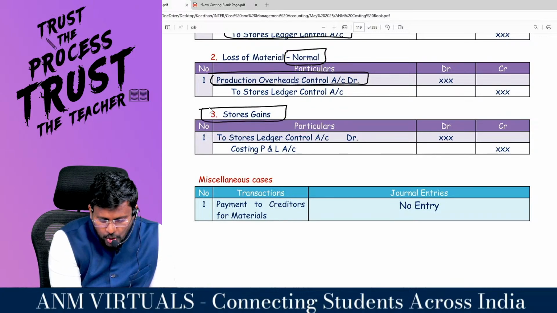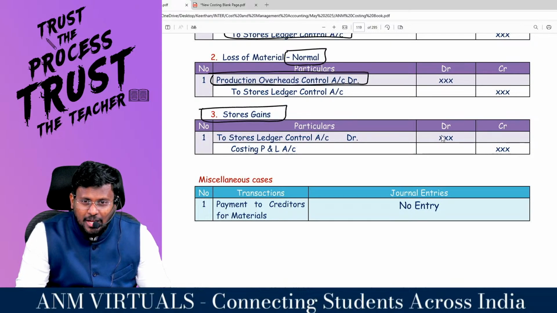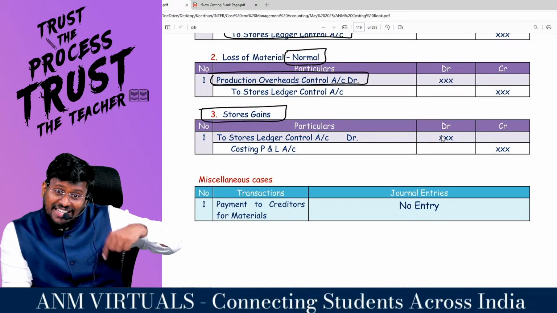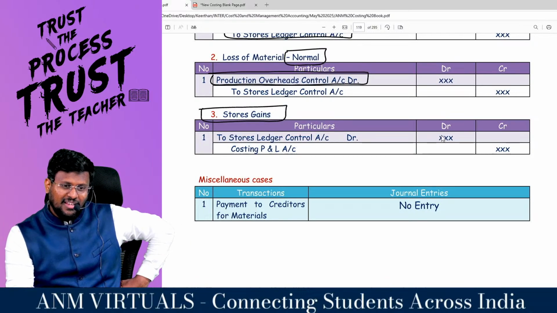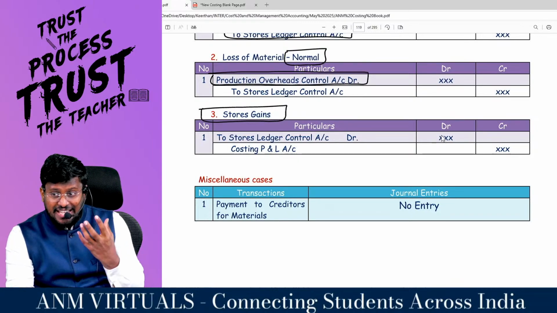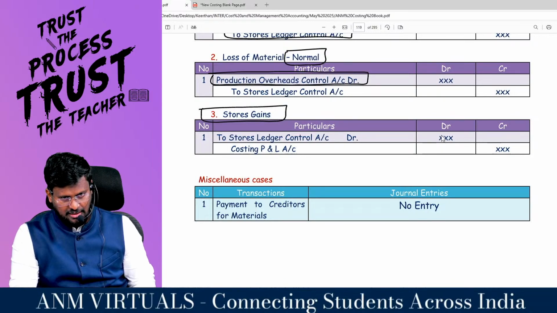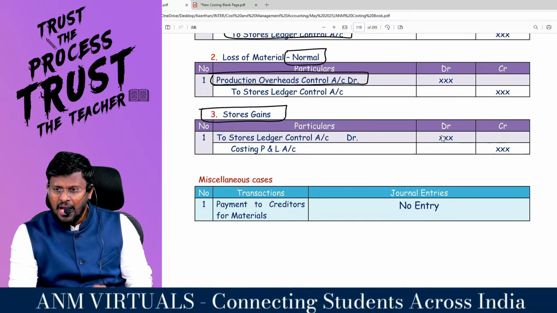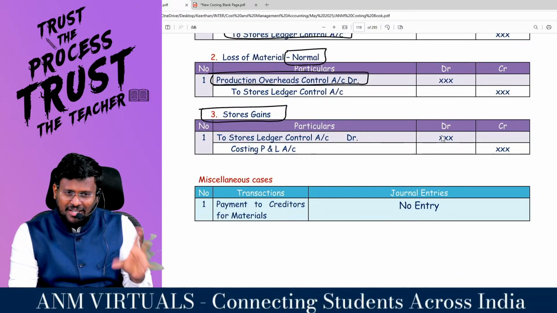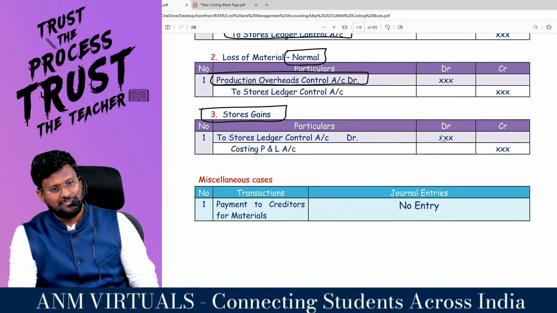What happened to the stores gain? Abnormal gain: will you reduce it from the cost or will it be credited to the costing P&L? Credited to the costing P&L. Right, sir? If there is a gain, the balance available in the stores ledger increases, because actually we should have consumed 100 kg but we have consumed only 90 kg and we have produced more than standard output.